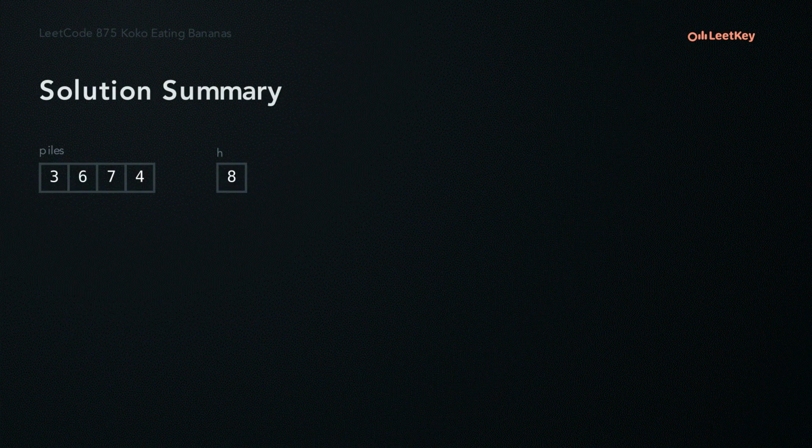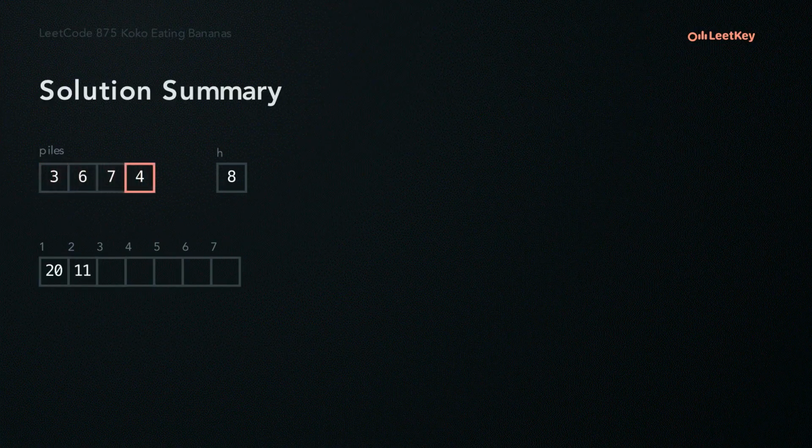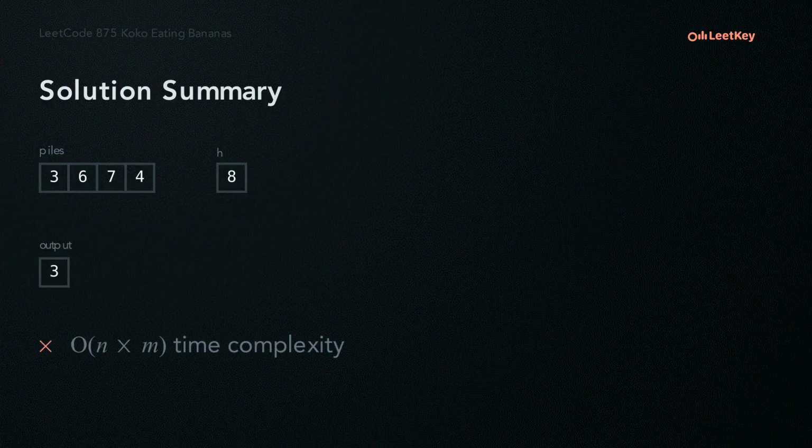You might be inclined to solve this by calculating how long it takes to eat all the bananas at every eating speed from 1 to the largest pile size, then returning the eating speed with the maximum allowable time. But this approach loops over both arrays in a nested loop, resulting in an exponential time complexity.